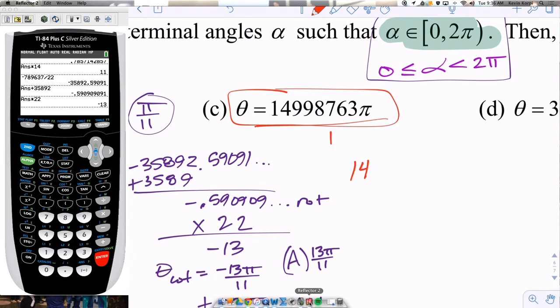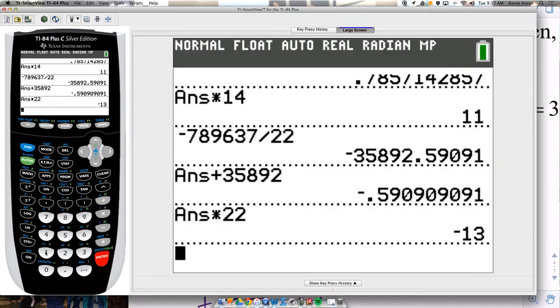You take 1,499,876,3 and divide it by what? 2, right? Twice the denominator. There are 2 pi in one rotation. So let's do that. 1,499,876,3. Remember, we're not leaving the pi there. We're leaving the pi off.